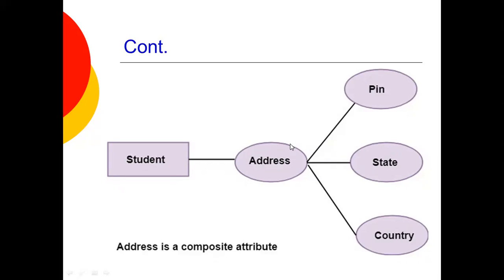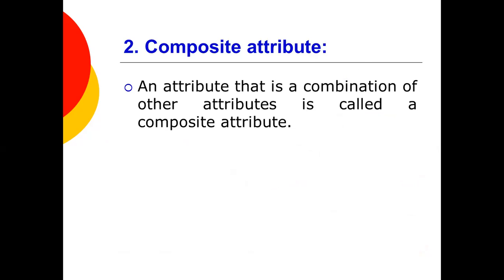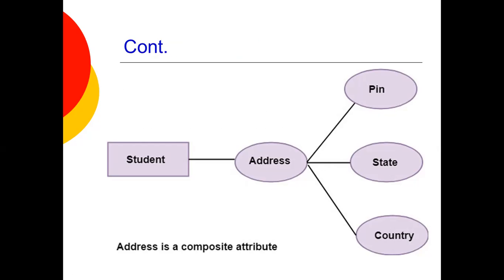It is related to the student. This attribute address is a composite because we can elaborate it into pin, state, country. Whenever we combine these three or more, they form the address. That's why it is an attribute that is a combination of other attributes, called the composite attribute.